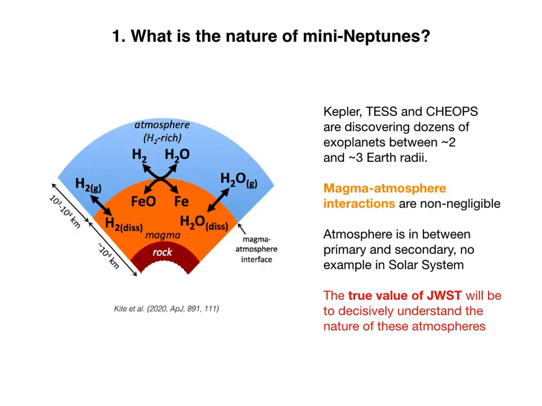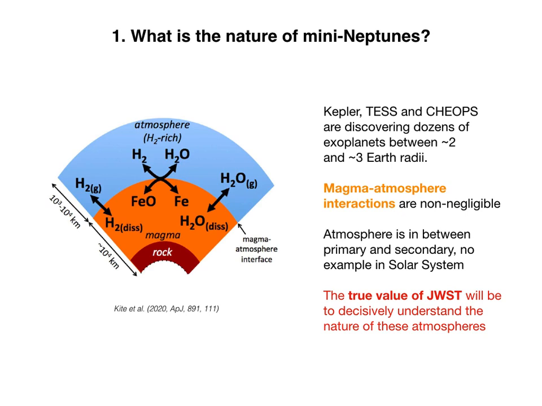Now one really wants to know what's the nature of these mini-Neptunes. As I mentioned, these exoplanets turn out to be really common, and they're discovered in buckets by Kepler, TESS, and the CHEOPS mission as well. They typically have radii between 2 and 3 Earth radii.